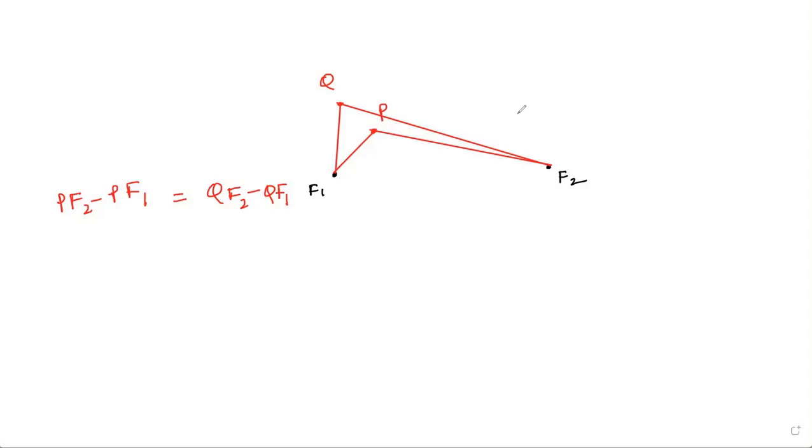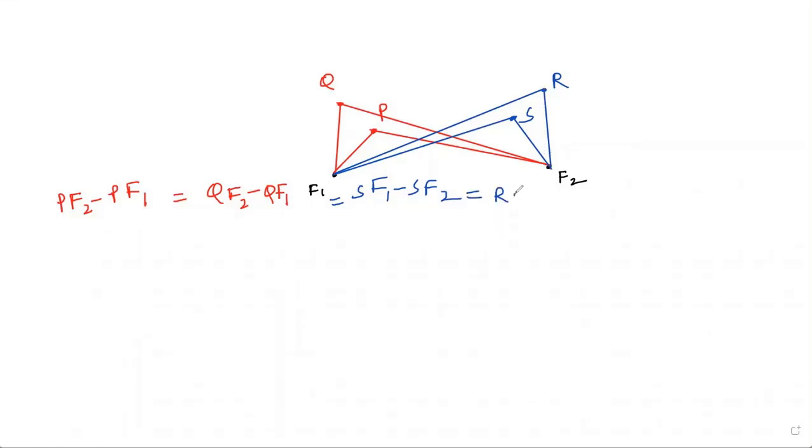Somewhere near F2, let me name it S. The difference of this point from the 2 fixed points will be SF1 minus SF2. If that difference is also equal to the previous 2, and if I take another one, let me name it R, again the difference of the distances is the same as all the previous differences we have seen.